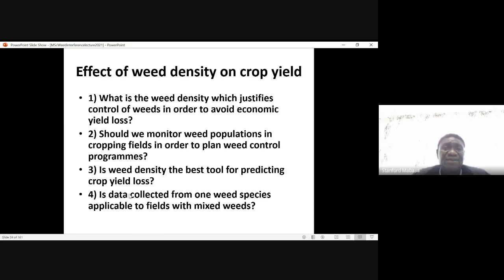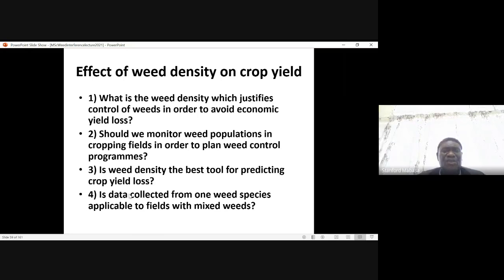Now, what is the effect of weed density on crop yield? We want to get the weed density which justifies weed control. So what is the weed density which justifies control of weeds in order to avoid the economic yield loss?